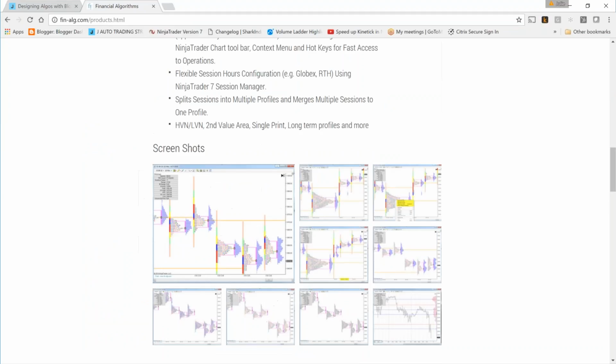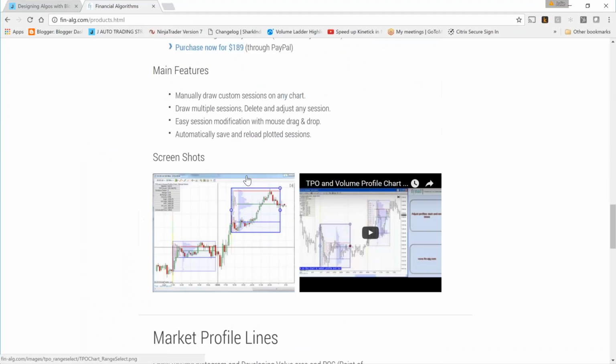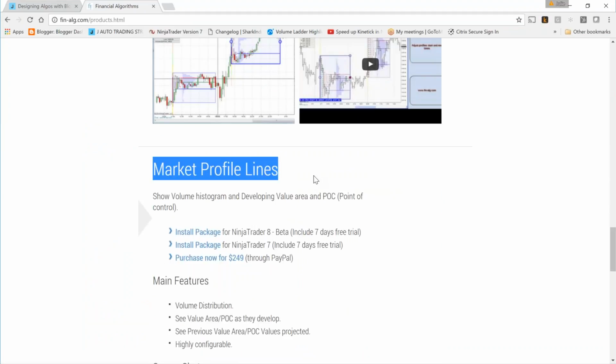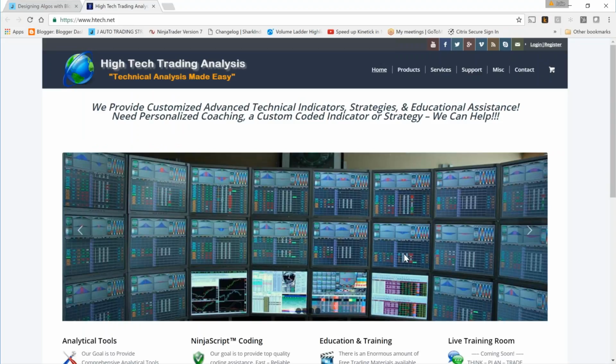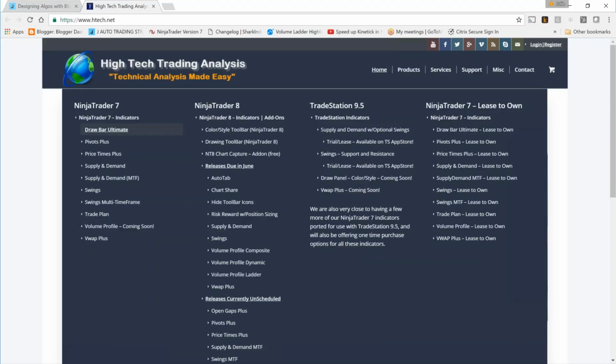This is not my indicator. This is just something I use, market profile lines. And I highly recommend that you check that out, as well as the High-Tech Trading VWAP Plus indicator. I use the VWAP Plus.